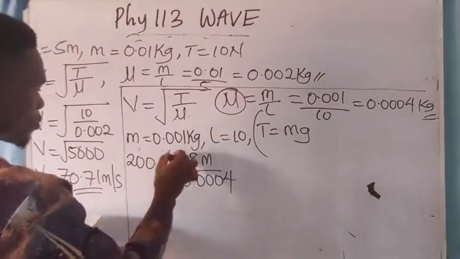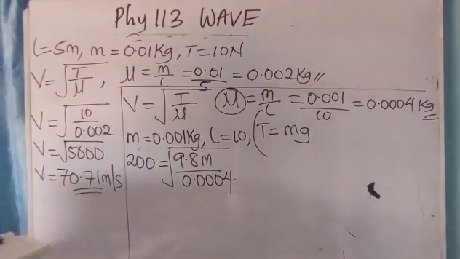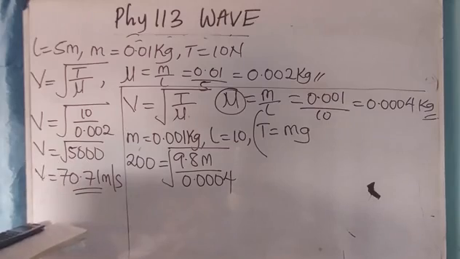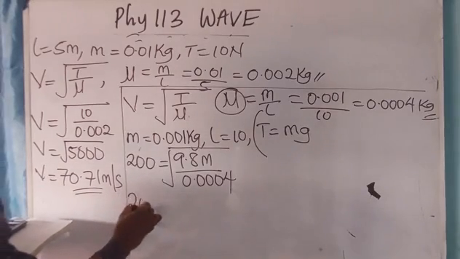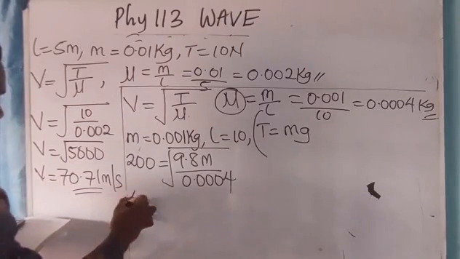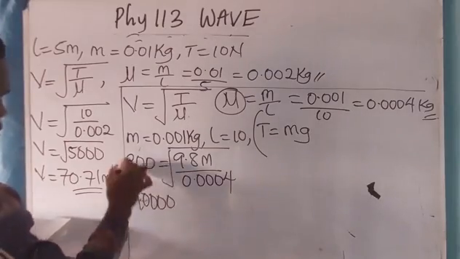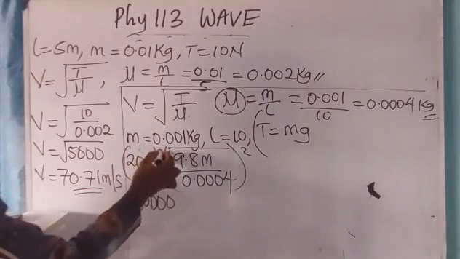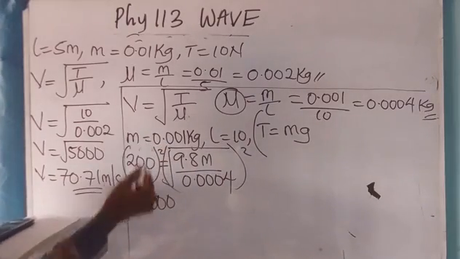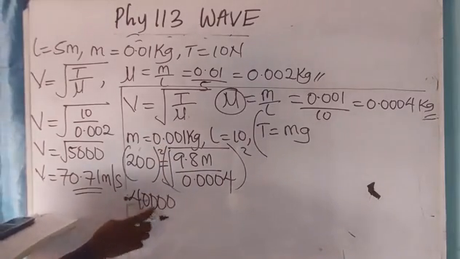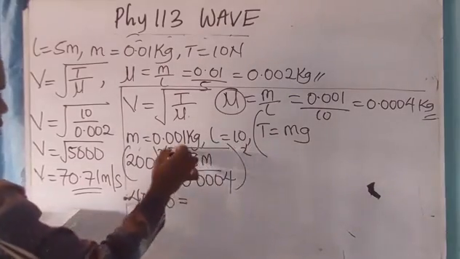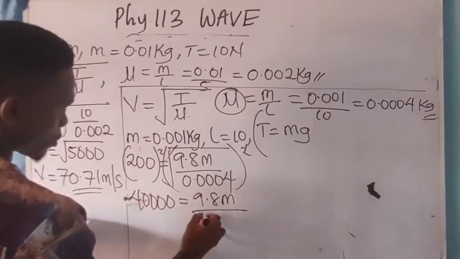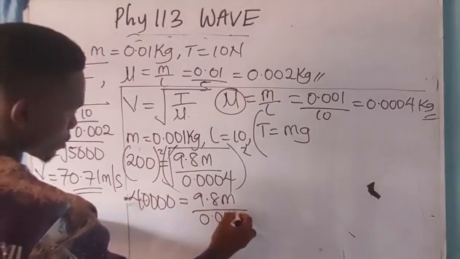Don't forget there's a square root. For you to cancel out these roots, you have to square both sides. In doing that, 200 raised to power 2 is 40,000. Then these two will cancel out this root. I'll be having 9.8 mass over 0.0004.